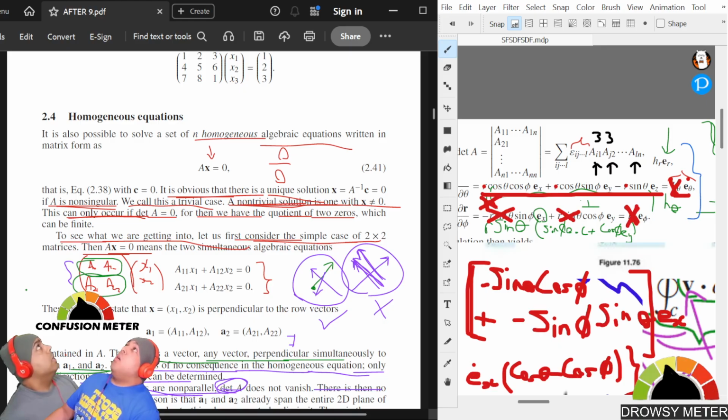Alright, a homogeneous equation is one where everything has the same degree.